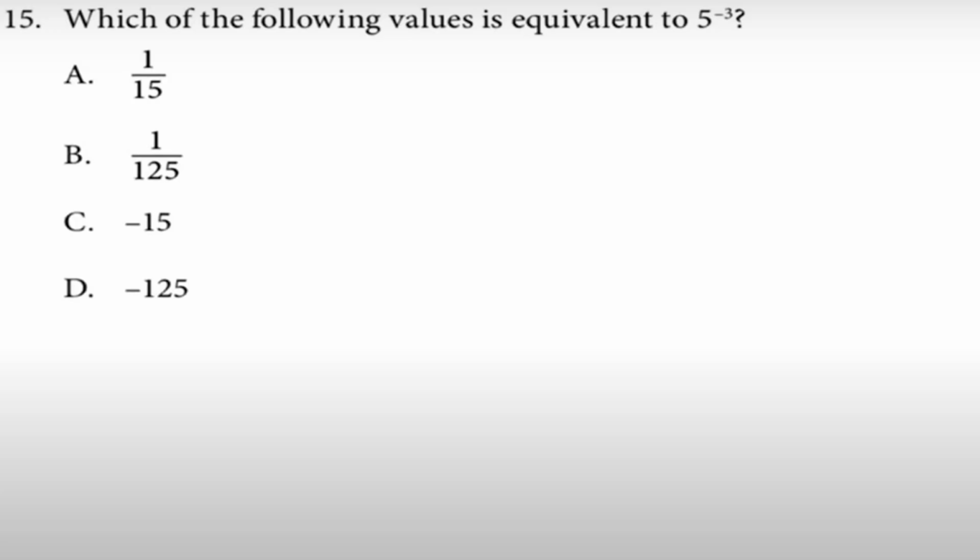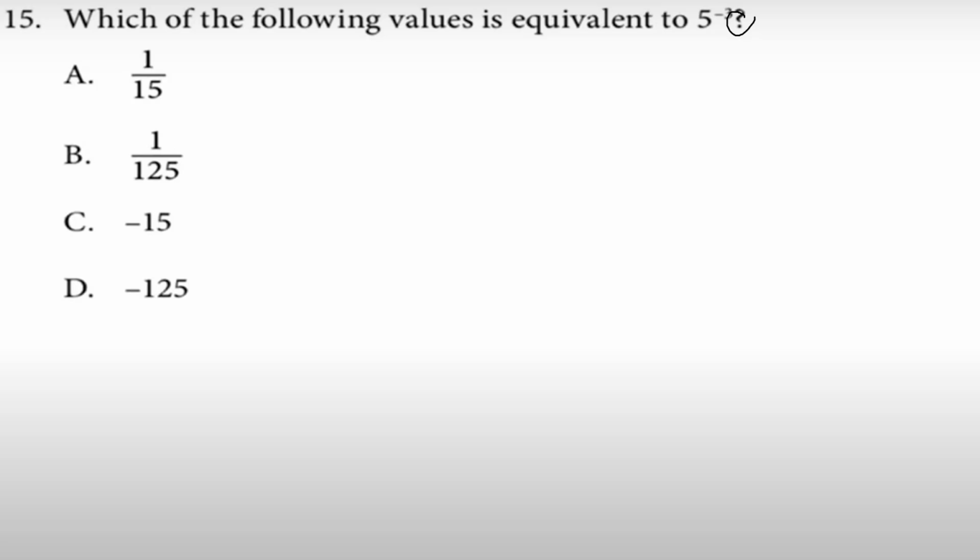In question number 15, it says, which of the following values is equivalent to 5 to the negative 3 power? So we're going to be doing some exponents, and a lot of people don't like exponents. So what they do is they're trying to confuse you by putting a negative exponent in the problem.